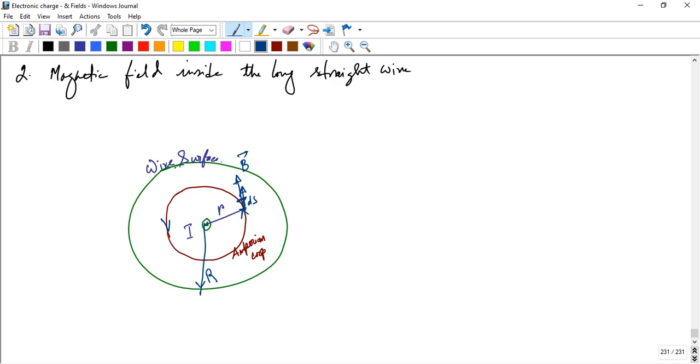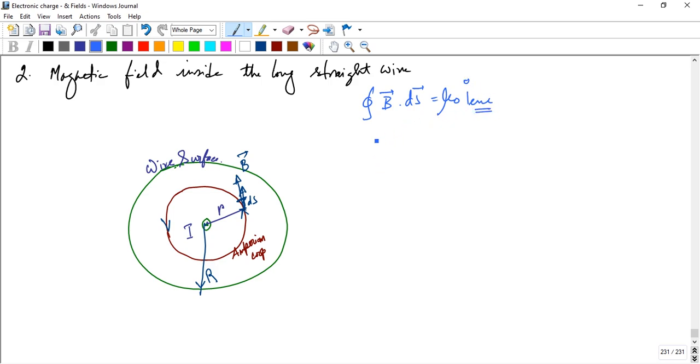Here we see that only some part of the current passes through that Amperian loop. Some part of the total current is crossing inside that Amperian loop. Okay, that's very important. Now we apply Ampere's law here. So the integral of B dot ds equals mu 0 I enclosed, that's a very important term here, I enclosed.